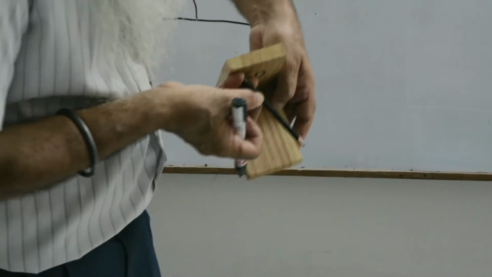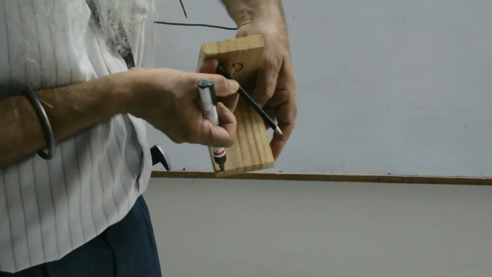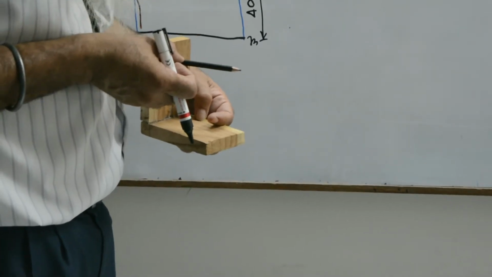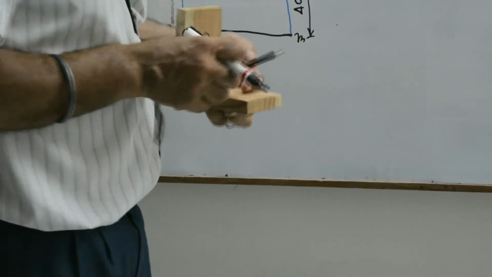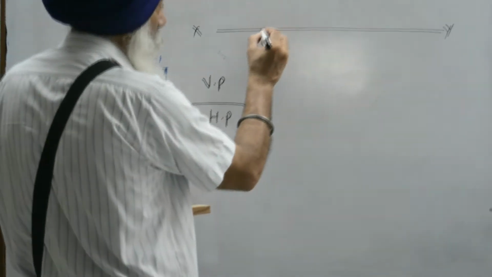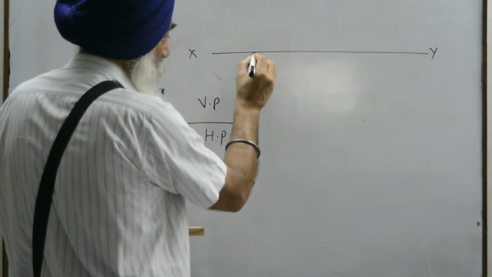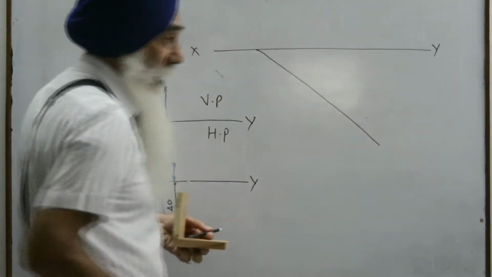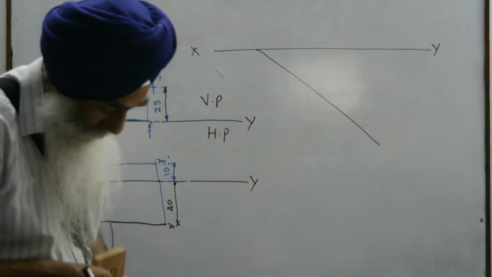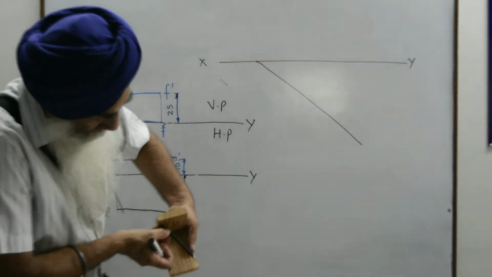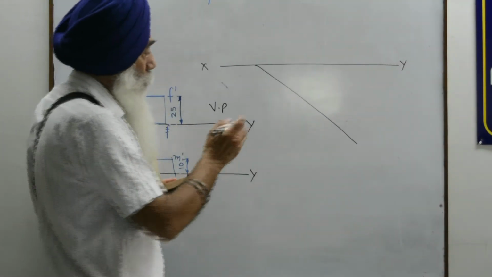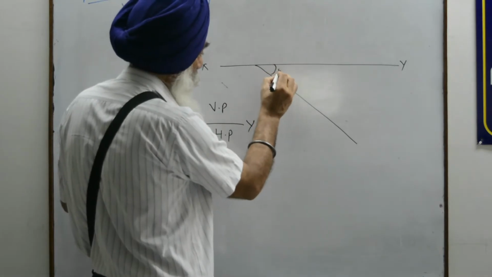So first of all you draw its top view on XY, because this will be drawn on the horizontal plane. For this you take any point over here. The angle given, I say this is at an angle of 45 degrees. This angle of inclination with the vertical plane is 45 degrees. So you draw this line at an angle of 45.